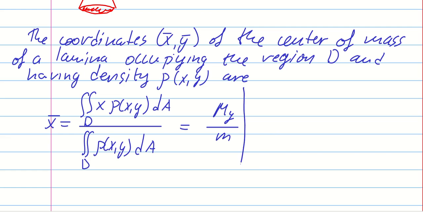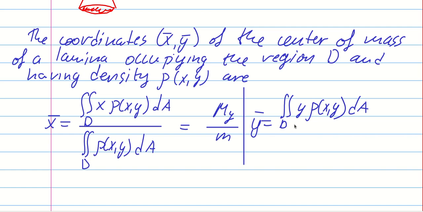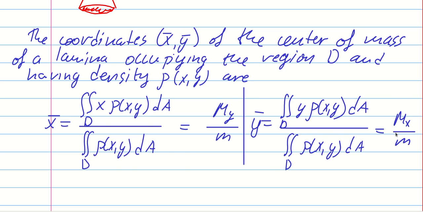And we can say that y bar is pretty much the same thing: the double integral over the region D of y times rho of xy dA, divided by the double integral over the region D of rho of xy dA, which is just Mx over little m.